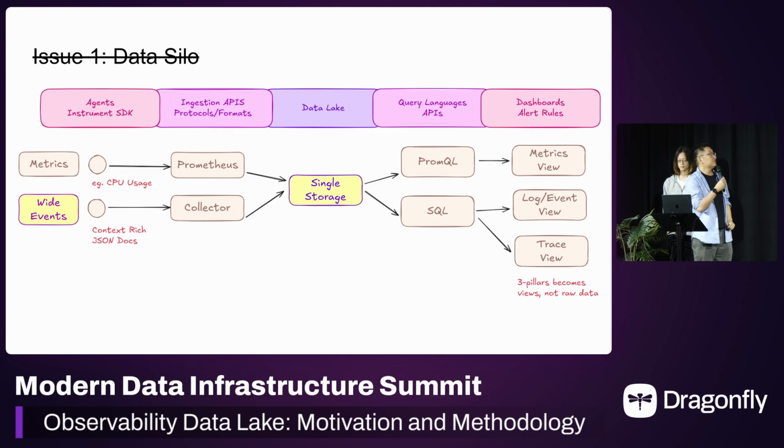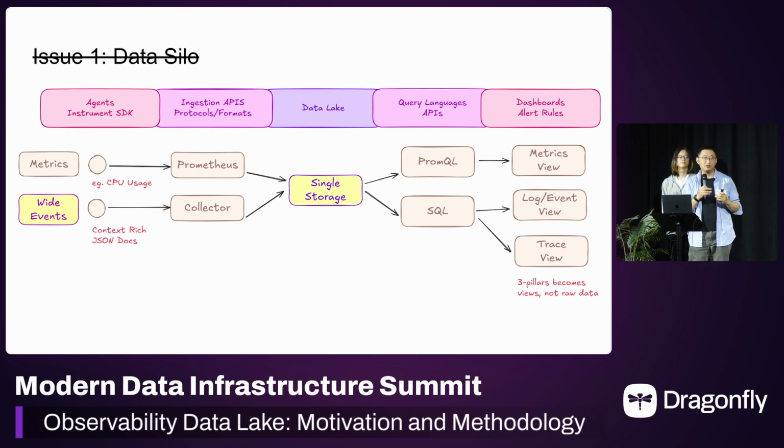To resolve this, we want to replace the 3 pillars of observability with a new concept called wide events. Wide events are like logs, but for a different purpose. They are context-oriented JSON documents. They collect as much context as possible for future analysis.